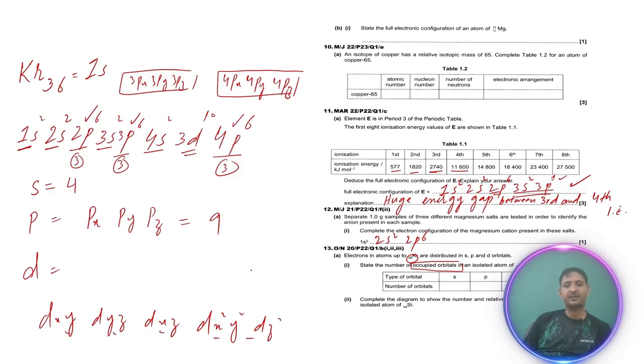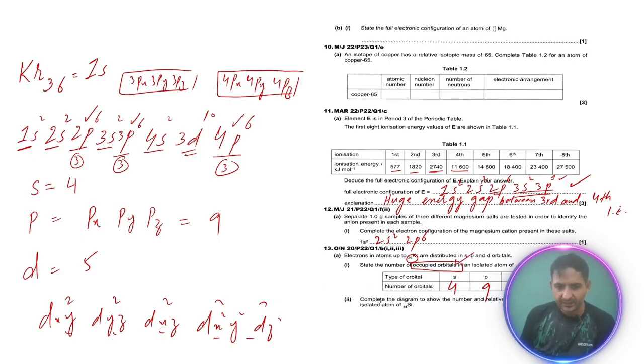They all are completely filled because there are 10 electrons. So 2 electrons here, then 2 here, 2 here, 2 here. So d is equal to 5 orbitals. S is equal to 4 and p is equal to 9 and d is equal to 5 occupied orbitals. Okay, orbitals, understand, not subshells, see orbitals.